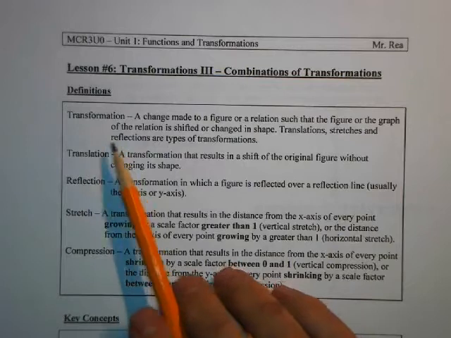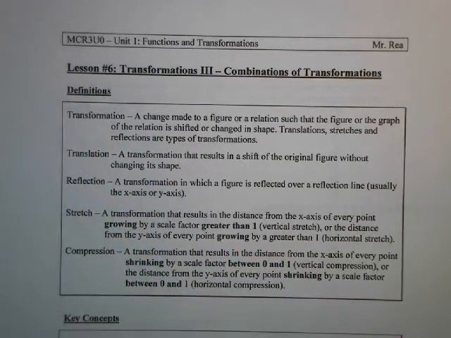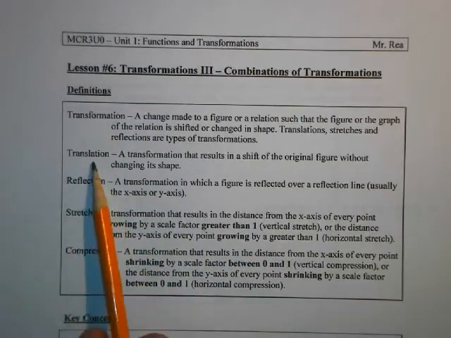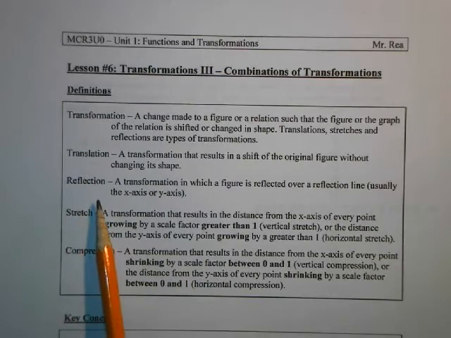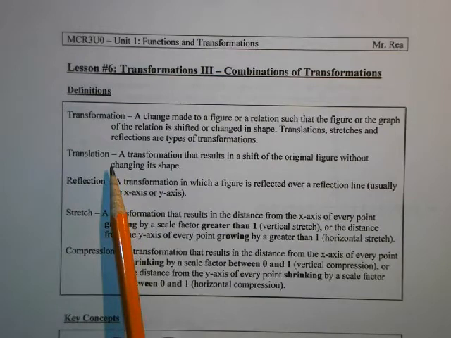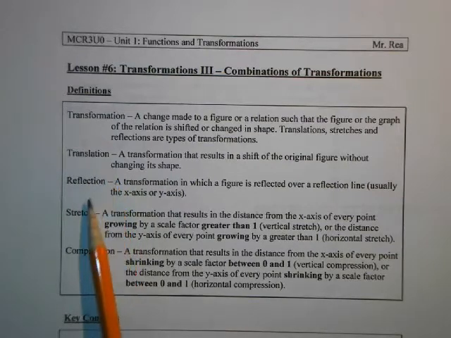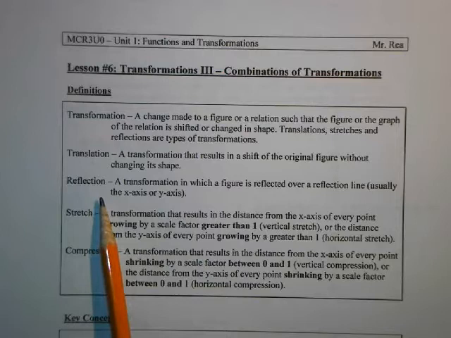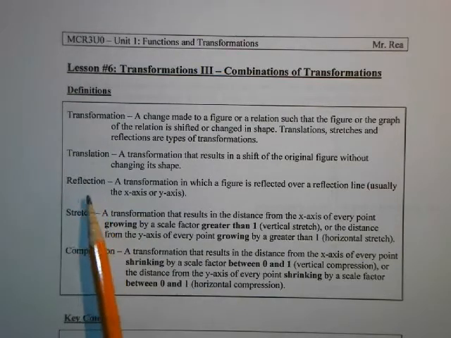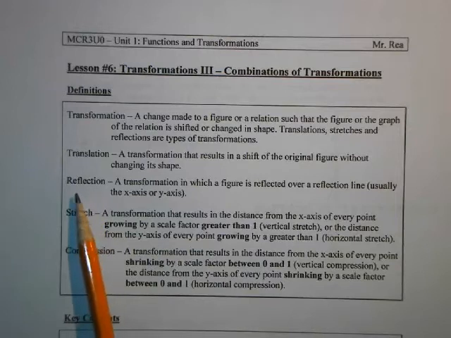Okay, so definitions here. Again, transformations in general are comprised of translations, which are the left, right, up, down shifts of the graph. It doesn't change the shape of the graph, it changes the position. The reflection could be either horizontal or vertical, depending on whether the A or K parameters are negative, and we'll talk more about that.